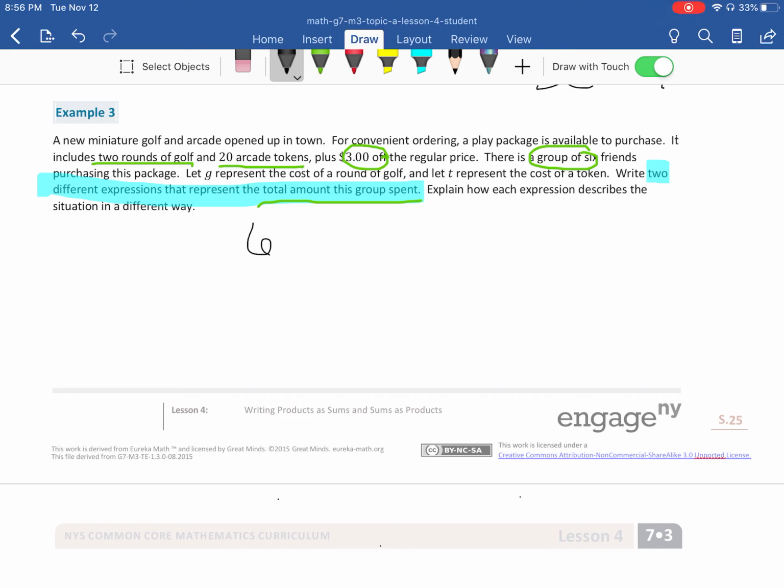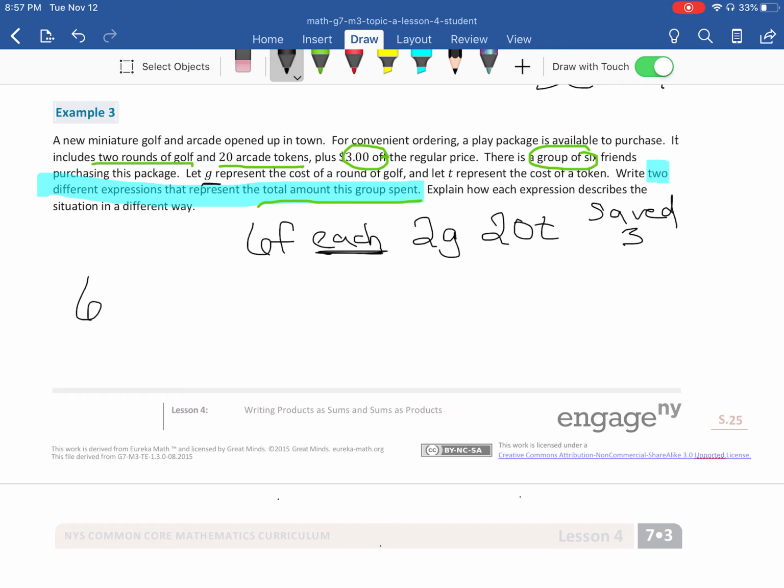So 6 friends each got 2 rounds of golf, and remember G means my golf, got 20 tokens and saved $3. So with that word each there, that will become my distributing number.